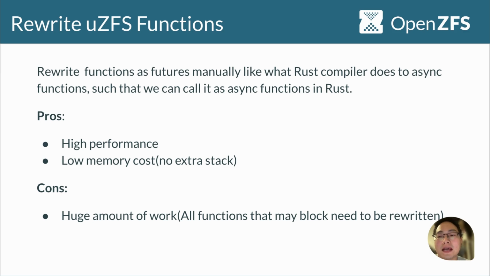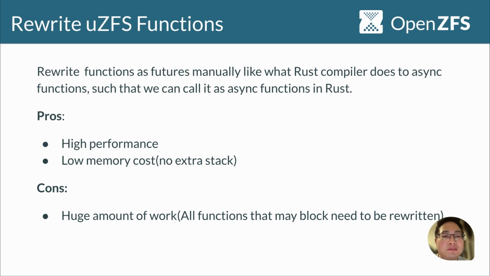This solution gives us high performance and low memory cost because it doesn't need extra stacks. But it also needs a huge amount of rewrite work because all functions that may block need to be rewritten.